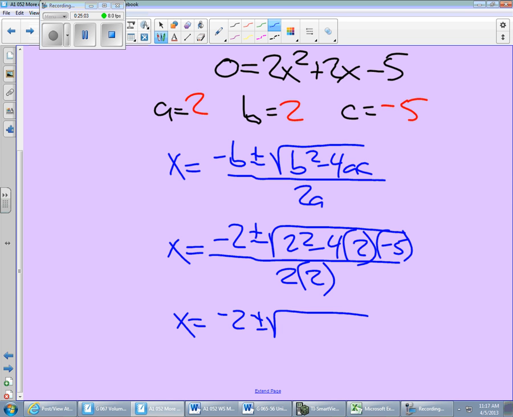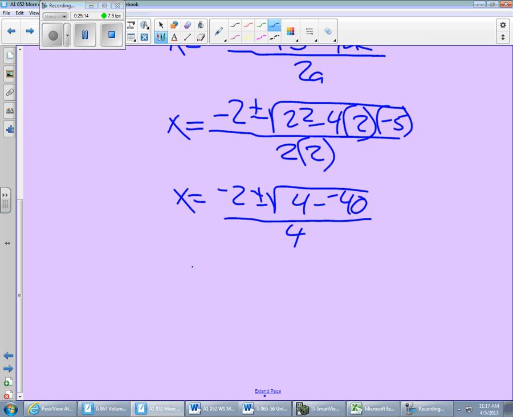So we've got 4 minus negative 40, over 4. x equals negative 2 plus or minus the square root of 44. We're going to get an ugly number there, but at least it's real this time. We know it's real because we got a positive number underneath the radical. That's good. Our solutions are going to be on the x-axis this time.